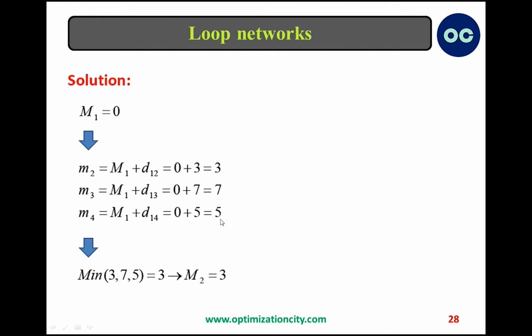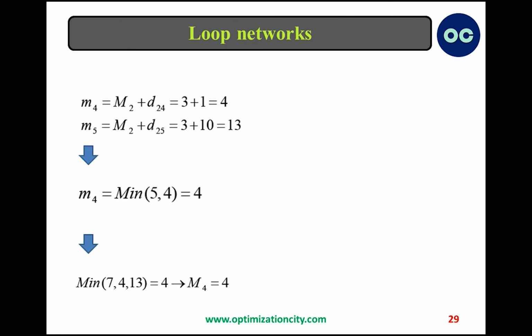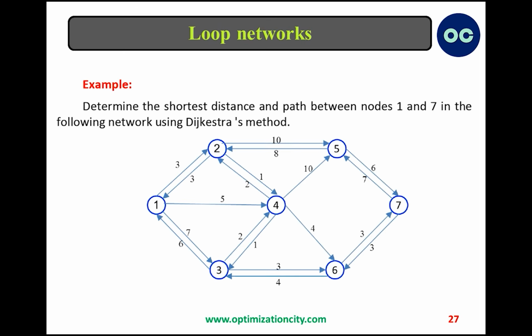Among the temporary codes available so far, the minimum value is 3 for M2. Therefore, the temporary code of node 2 is converted to the permanent code. We assign the temporary code to the nodes adjacent to node 2. Node 2 has two adjacent nodes, node 5 and node 4.